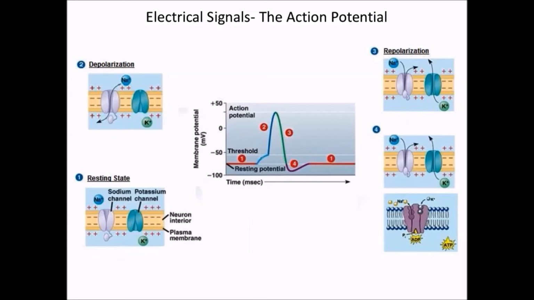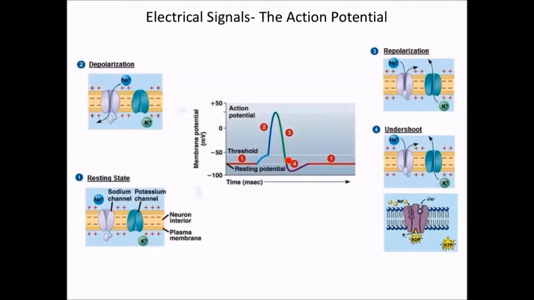And finally, the last phase of an action potential is called the undershoot. In the undershoot, you'll notice that it has 2 parts. One part is where the graph continues to decrease, and then another part where the graph begins to increase, returning back to resting state.